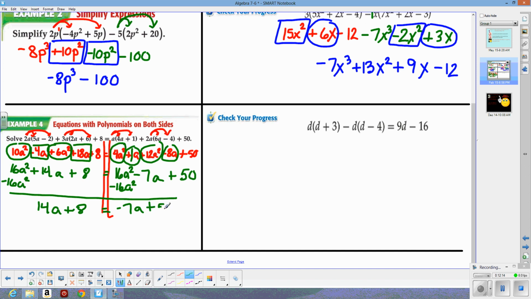Now we still have variables on both sides, so I'd get rid of one of them. I'm going to get rid of this negative 7a by adding 7a. 14a plus 7a is going to be 21a plus 8 equals 50.